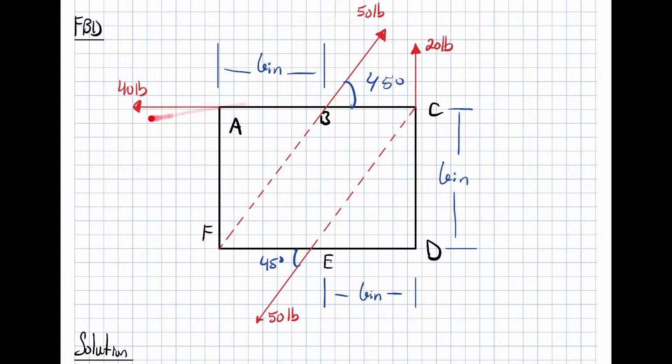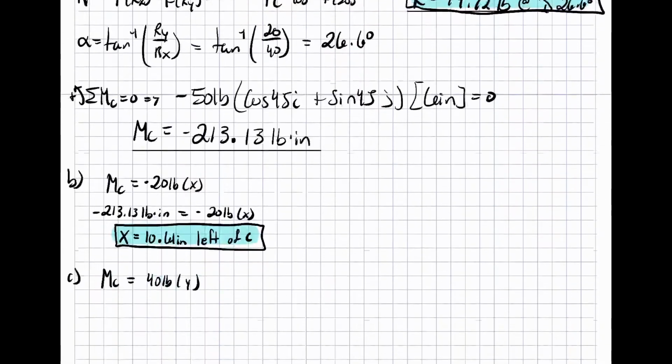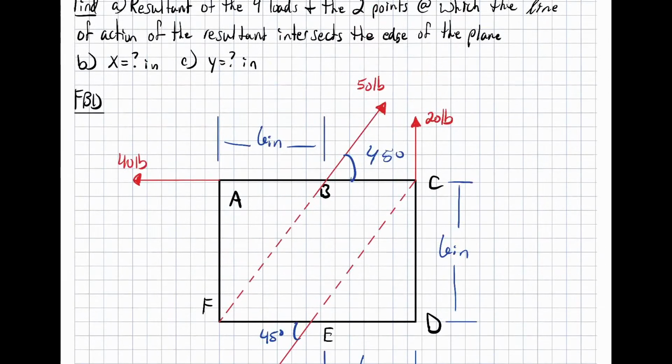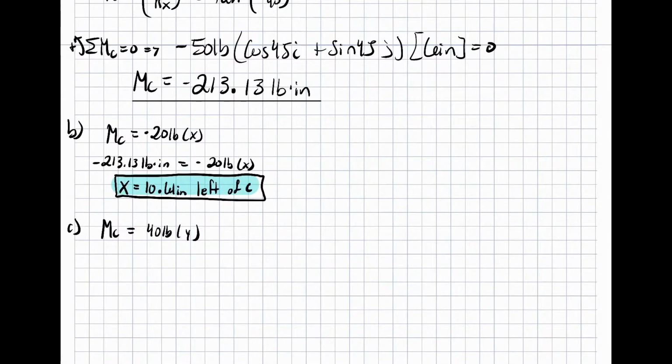So we have the 6 inches, 40 pounds, taking a moment of consideration about C. For the y direction, at C we can only go down, so it's going to be a negative value. So I'm going to put that out in front. So we get negative 213.13 pound-inches is equal to negative 40 pounds times the y direction. Solving for this, we get y to be 5.3 inches below C.